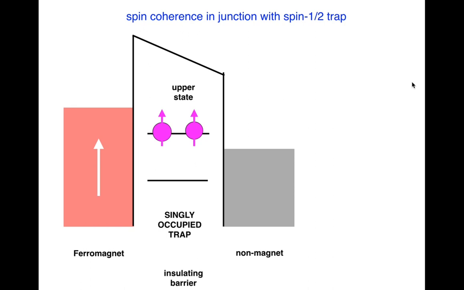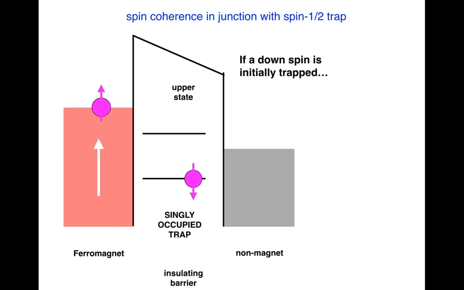So if the left electron hops into the trap, it's now doubly occupied. Well, I'm showing here they're both parallel spins, and this, of course, is not going to be allowed by the Pauli exclusion principle, so that can't happen, and you have a bottleneck here.